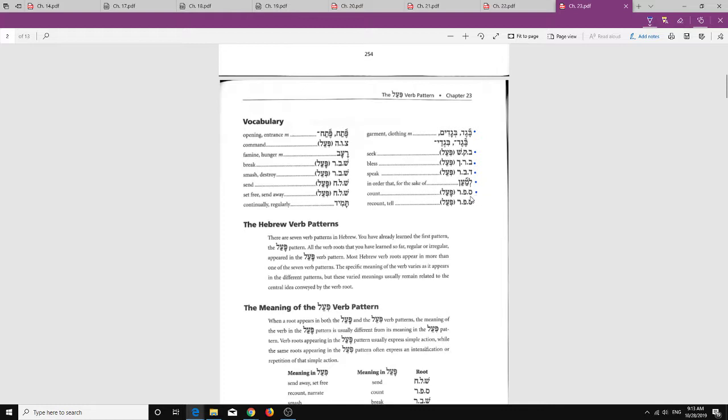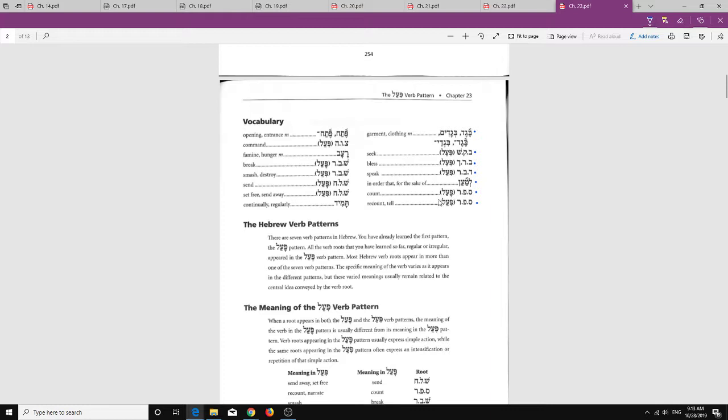We have safar, which we've already learned is count. Now that's in the pa'al. In the Piel, you'll see sipper, which means to recount, or to tell, or to narrate, or even to count again. It's kind of the sense of recount.